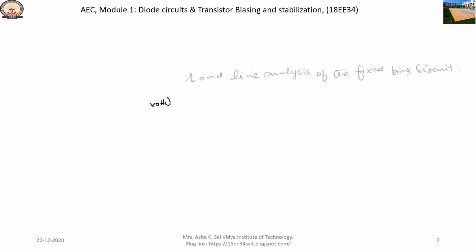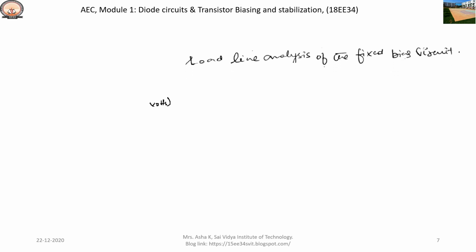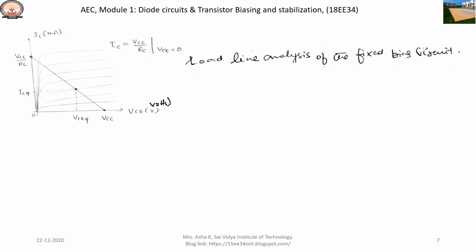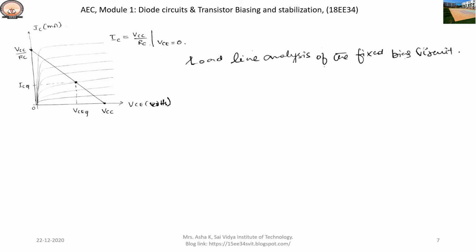Now draw the output characteristics curve for a transistor for fixed bias configuration. It shows the variation of the output current IC with respect to output voltage VCE for constant values of the base current IB1, IB2, IB3, etc. The output characteristics curve is shown here.